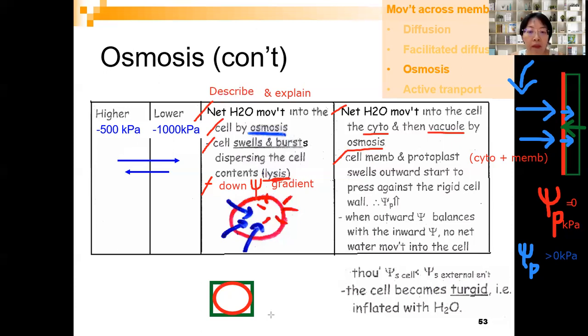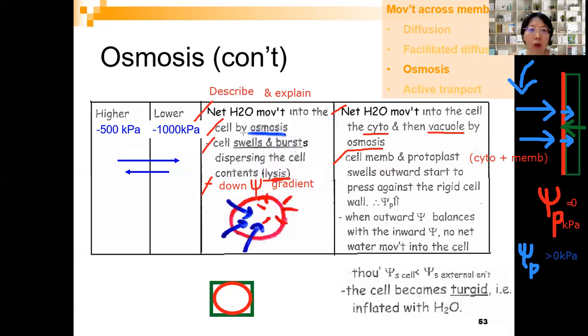It will stop there. So we want to know when the plant cell will stop expanding. The plant cell will stop expanding when the water can no longer enter.